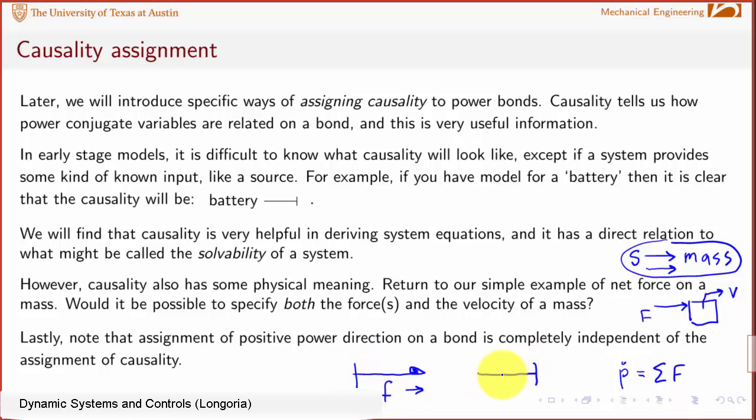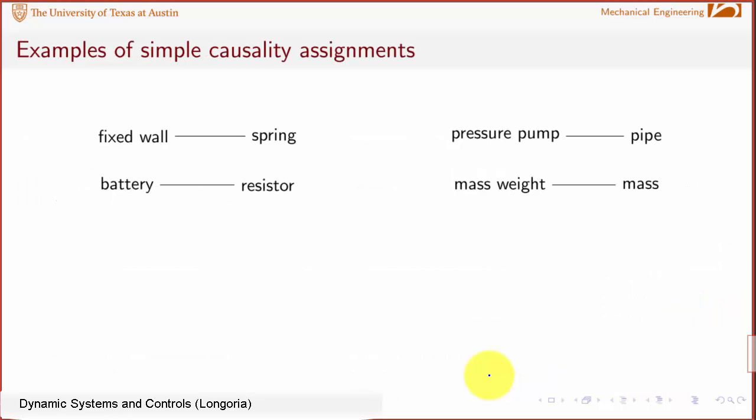But on this bond, effort's being specified in this direction, but you could also have power being specified. So the two assignments of causality and power are completely independent of one another, and it'll depend on the rest of the model as to how it's used.